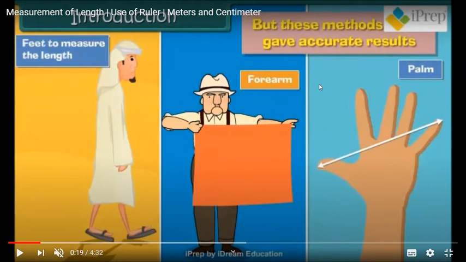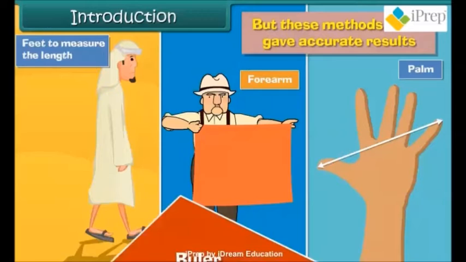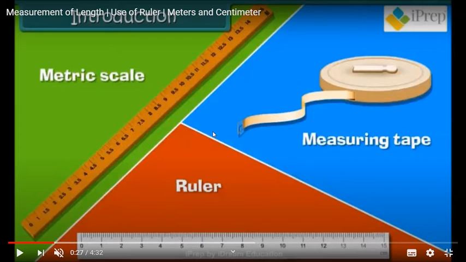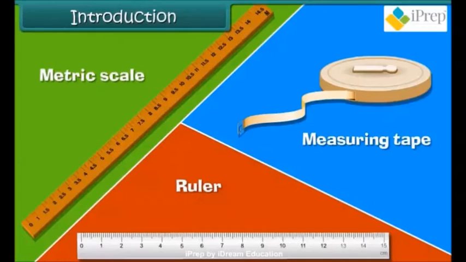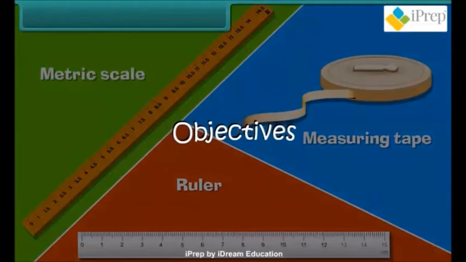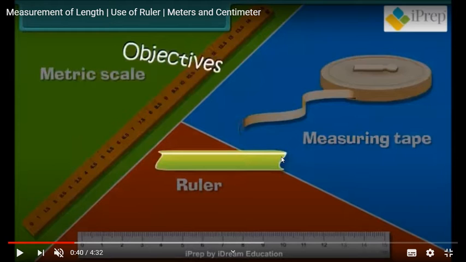Nowadays we make use of a ruler, measuring tape, and metric scale to measure the accurate length and height of whatever object we want.